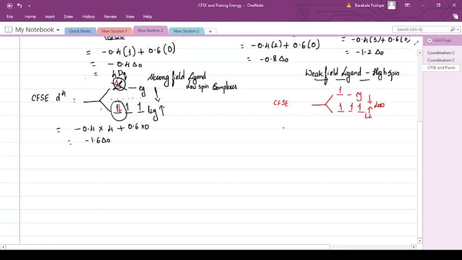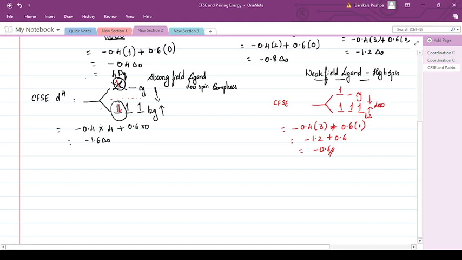So, in this case, the CFSE is minus 0.4 into 3 electrons plus 0.6 into 1 electron, that is equal to minus 1.2 plus 0.6, which is equal to minus 0.6 delta O. That is the CFSE in the case of a weak field ligand.